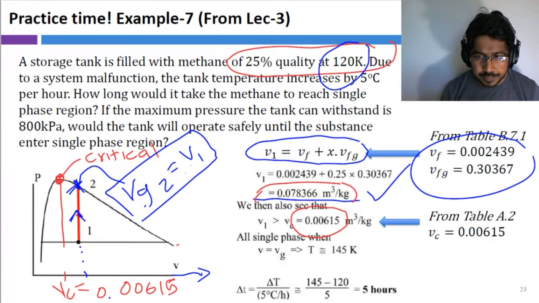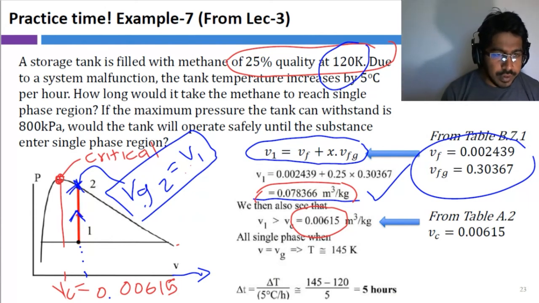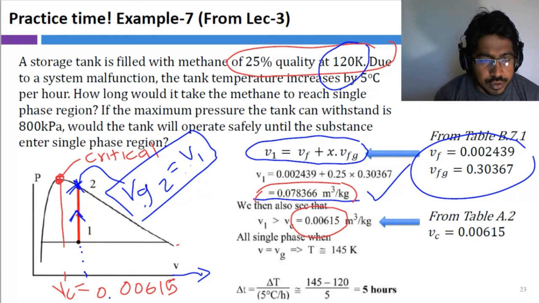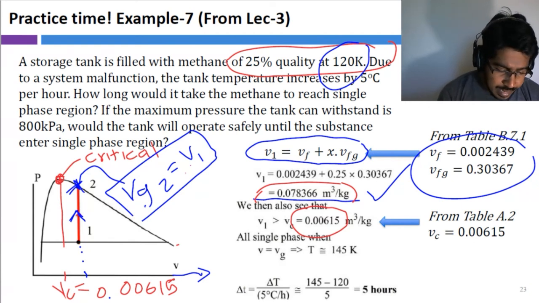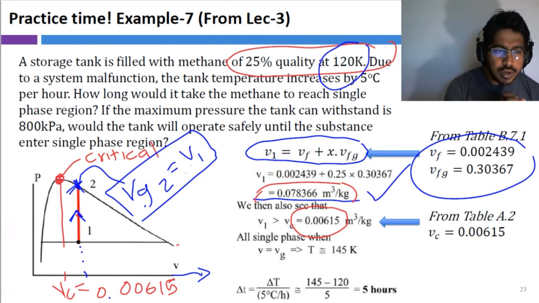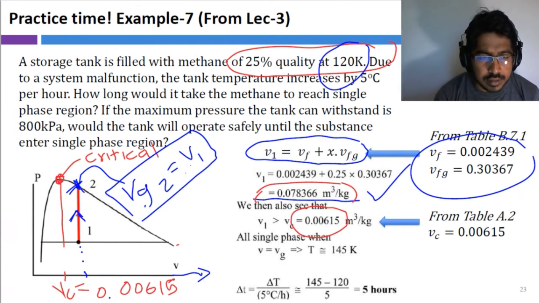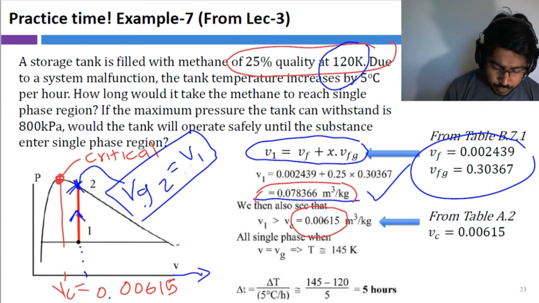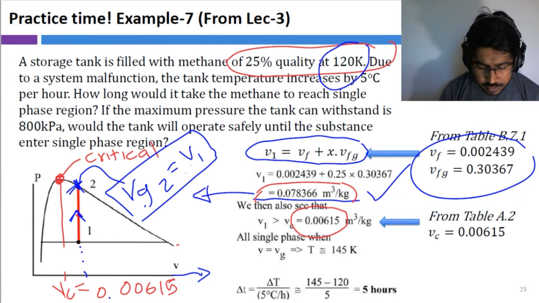Am I making sense? Okay, so now we have to find a saturated vapor with this given specific volume, right? As we are looking at the saturated vapor line, we have to look into the VG column of the property tables and find where we can have this specific volume.